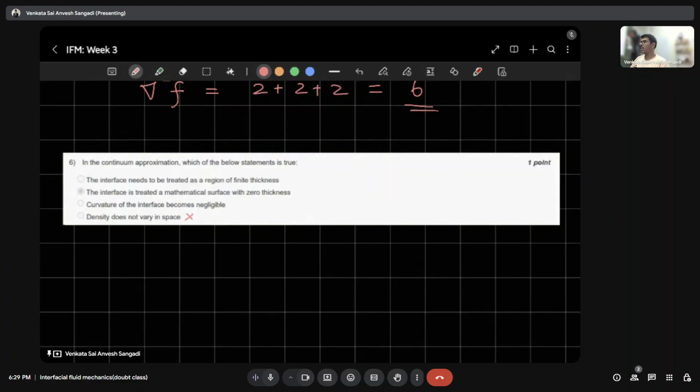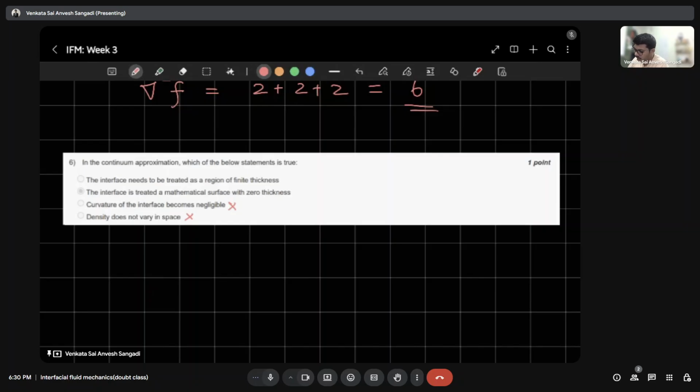We have density variations when we are going from one fluid to the other, and curvature also, in the case of a drop or a surface with waves on it, has a curvature. So the curvature option is incorrect. So we have to decide between the interface having finite thickness or being considered as a mathematical surface with zero thickness.